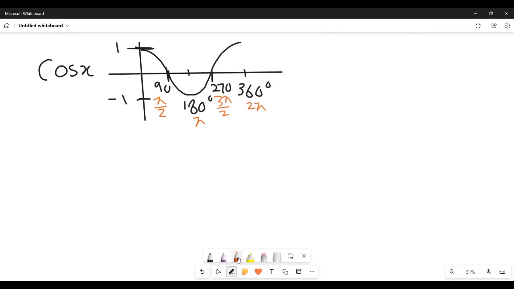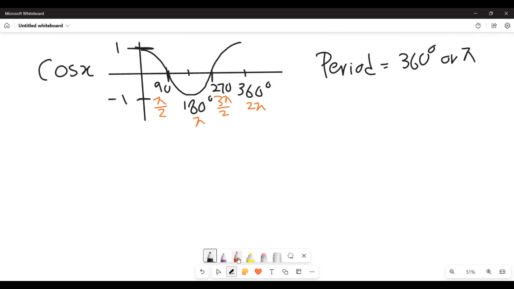Hence, the period of cos x is 360 degrees or 2 pi radians.